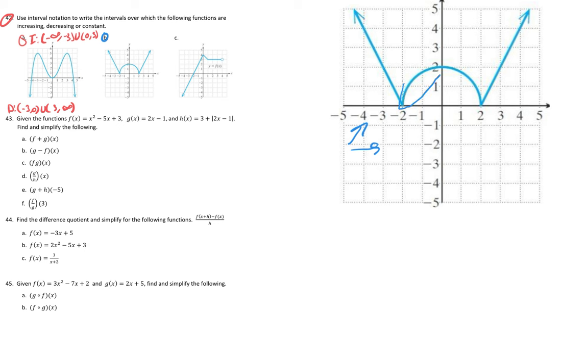So we have a section here that's increasing and a section there that is increasing. So the x values in which it's increasing will be from -2 to 0, union 2 to infinity.